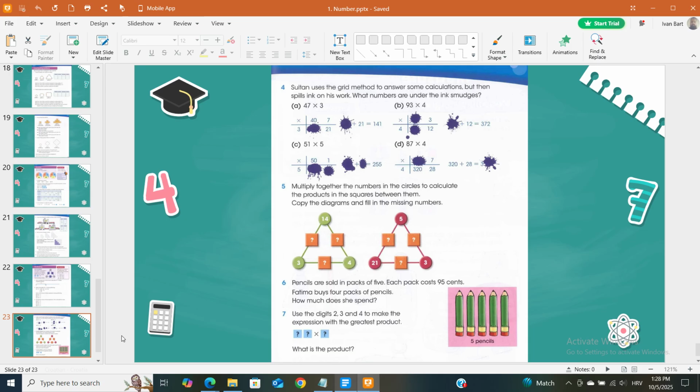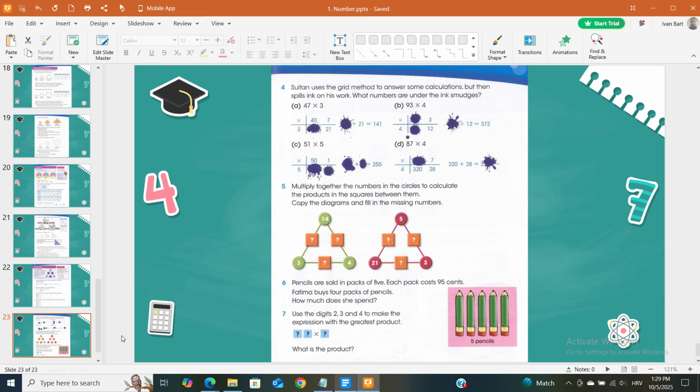(D) 87 by 4. 5. Multiply together the numbers in the circles to calculate the products in the squares between them.